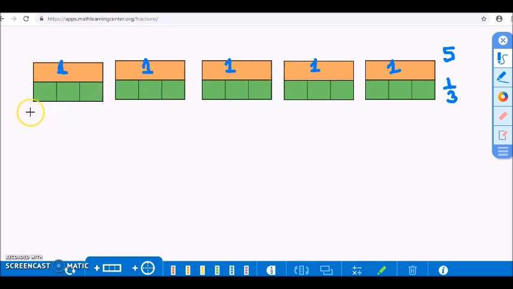Let's go ahead and count that out. 1, 2, 3, 4, 5, 6, 7, 8, 9, 10, 11, 12, 13, 14, 15. So, there are a total of 15 groups of 1/3 in 5.